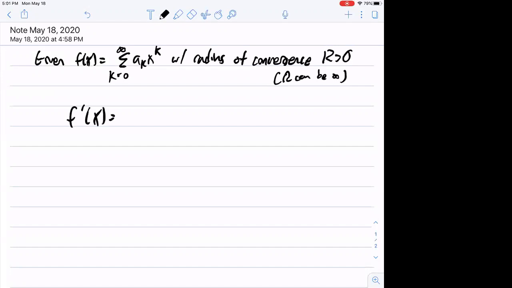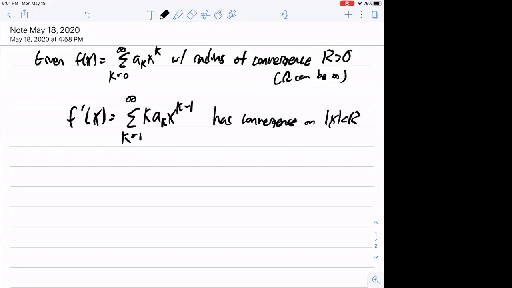There's a theorem we learned previously that taking derivatives, we could take it term by term, but not only that, the radius of the interval of convergence doesn't change, right? It has convergence on this, right?